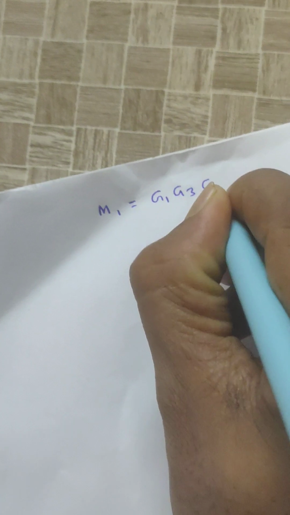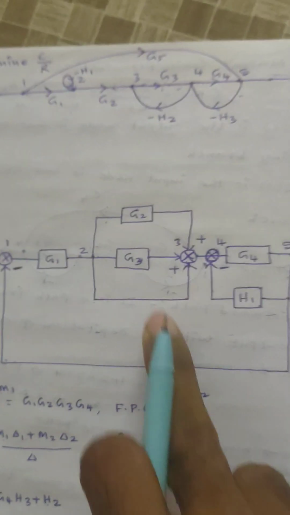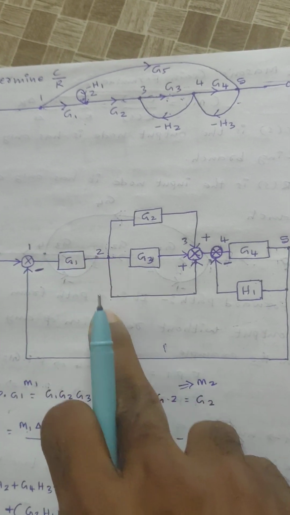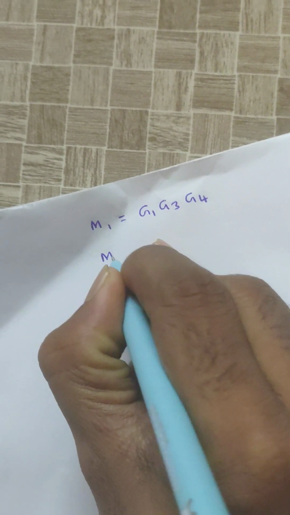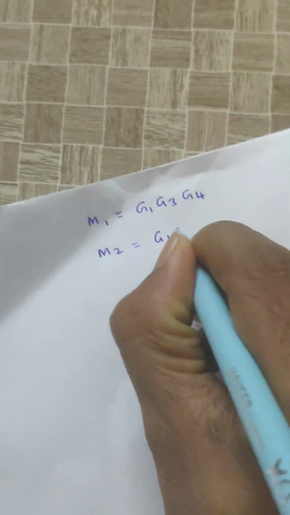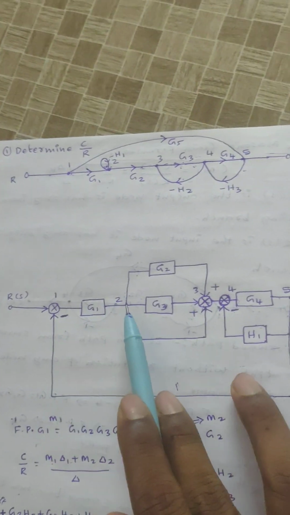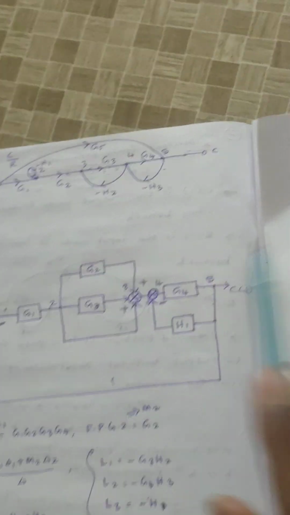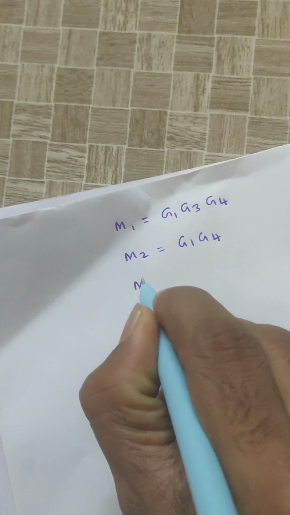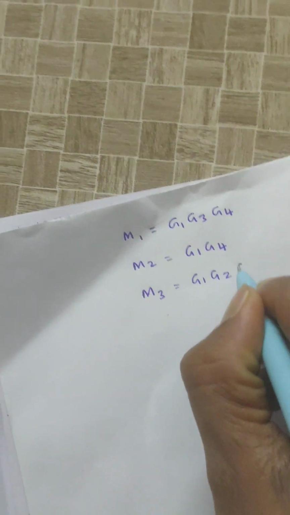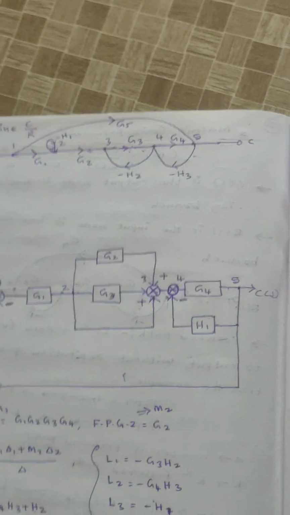M2 is the next forward path, G1, G4. M3 is G1 to G2 to G4. That means in total there are three forward paths. The forward paths are completed, right?